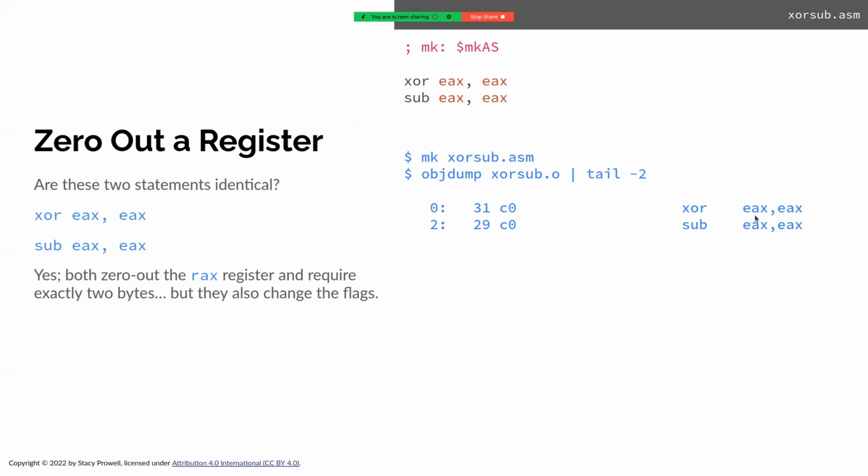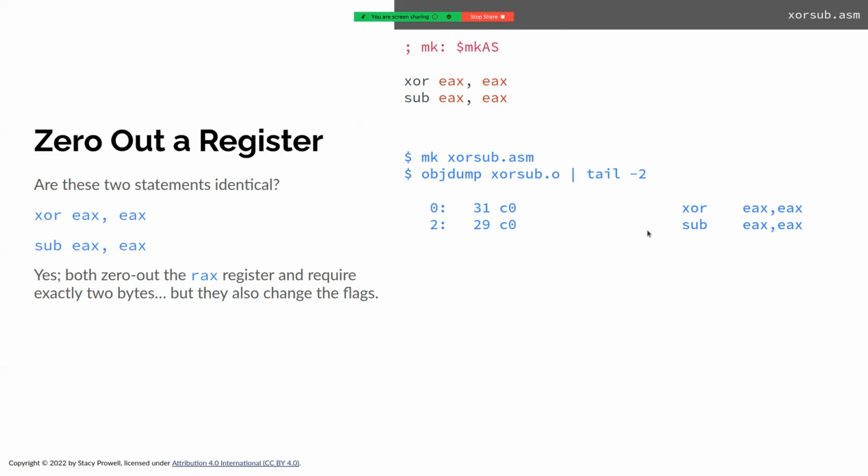If I set the 32-bit alias to 0, the low 32 bits, it's automatically zero extended into the high 32 bits. If I set the low 16 bits or the low 8 bits, it is not. So just keep that in mind. All these set RAX, the 64-bit register, to 0.